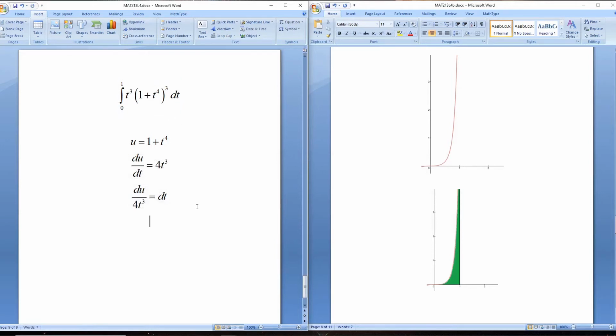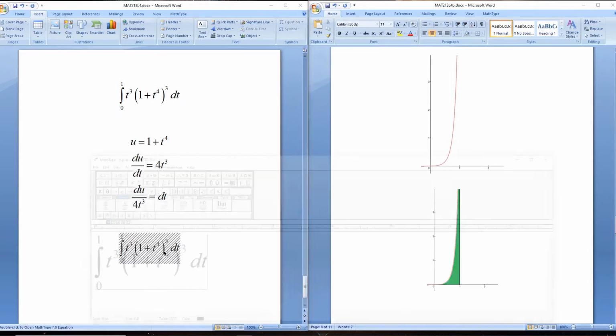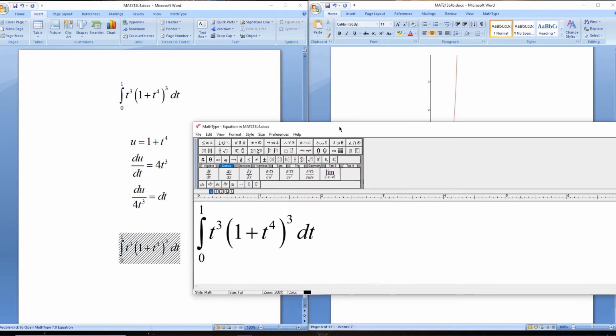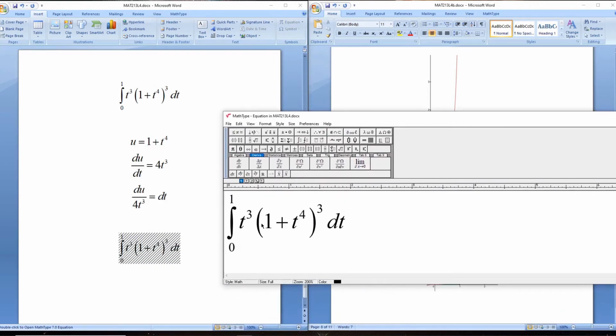And so recall from last time that we just plugged that stuff into the integral. So 1 plus t to the fourth is u, and so that all there is just u cubed. And then dt is du over 4t cubed.